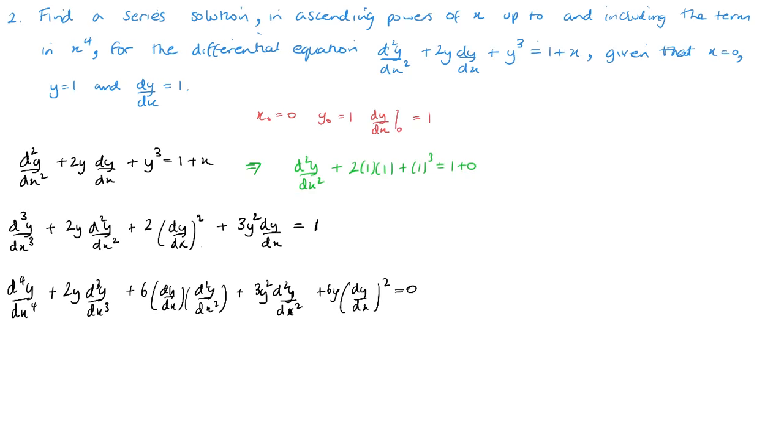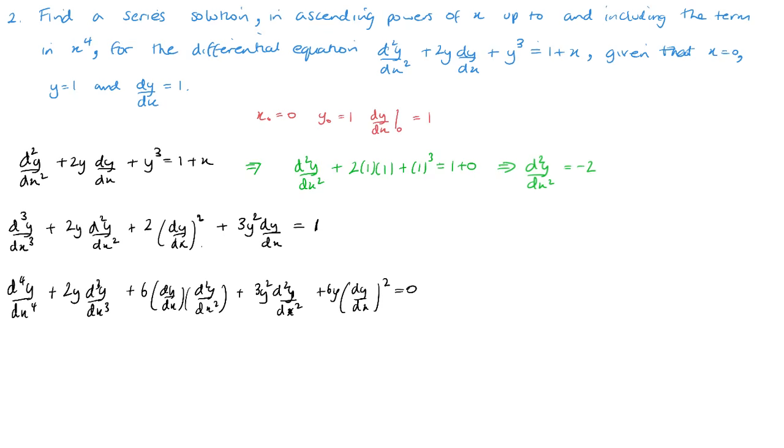So this is going to be 2 plus 1, which is 3. 1 minus 3 is minus 2. So d2y by dx squared is equal to negative 2.